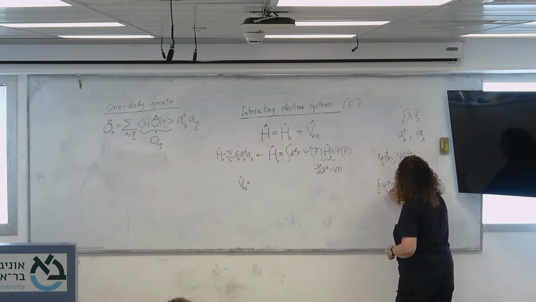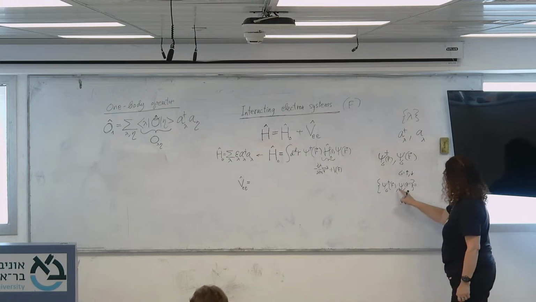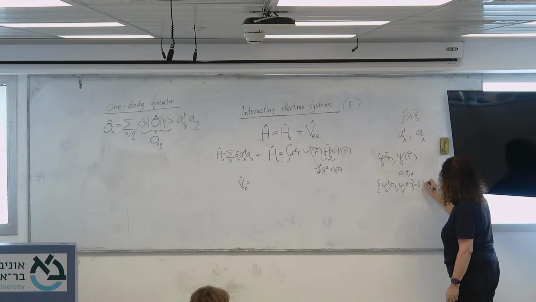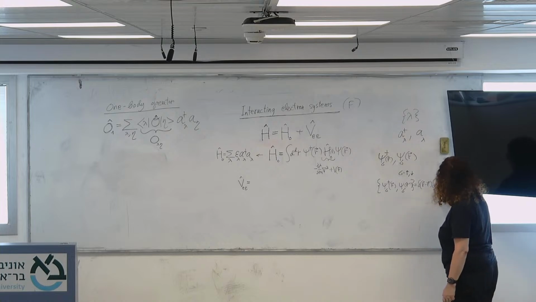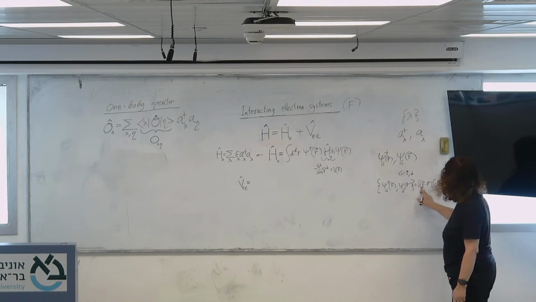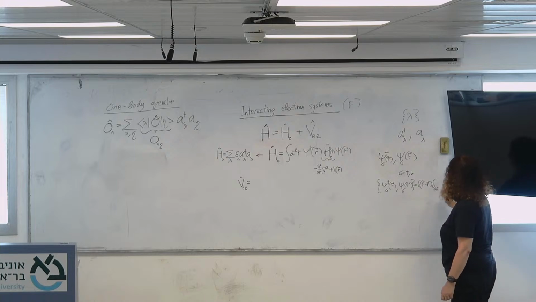And if I'm looking at the anticommutators, then I have to write it like this. The most general form is that there is a Dirac delta on the position, and a Kronecker delta on the spin.